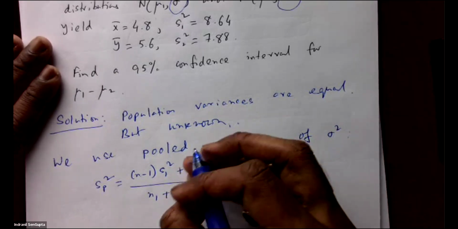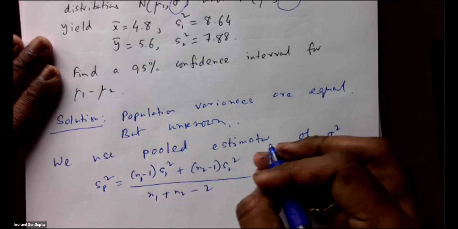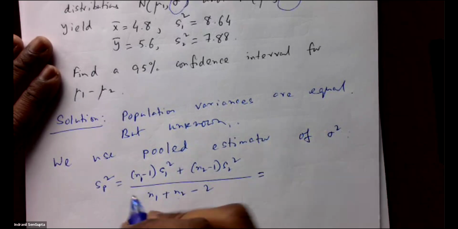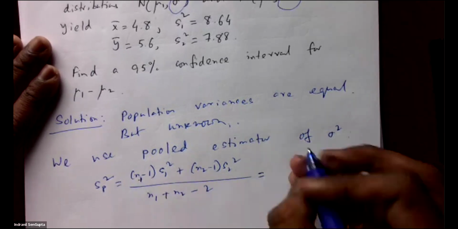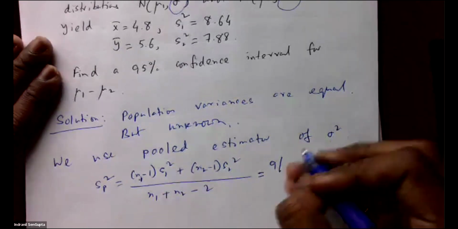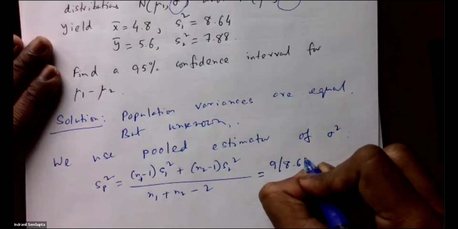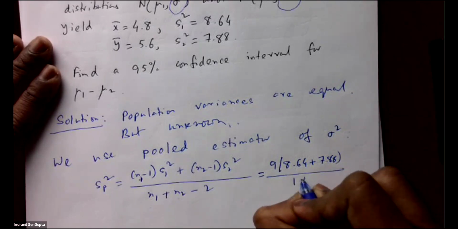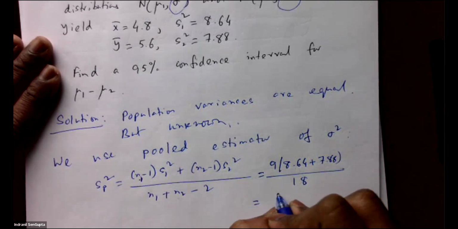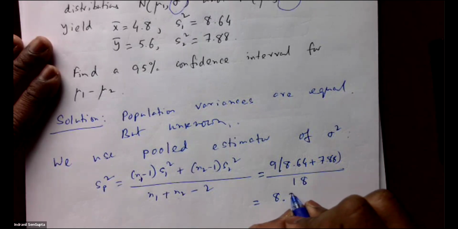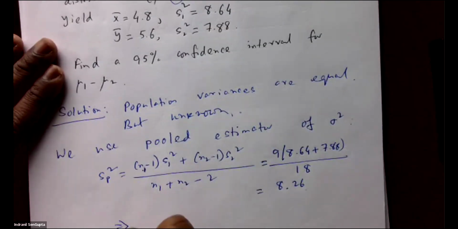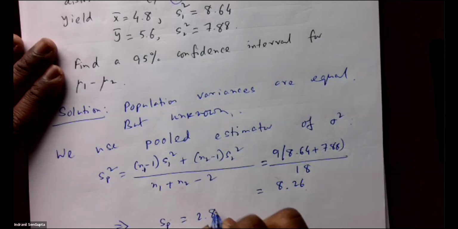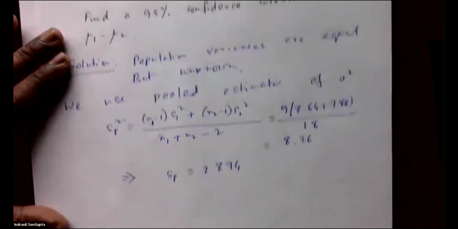This n minus 1 is 9. So it's 9 times s1 squared plus s2 squared, which is 8.64 plus 7.88, over 18, which is 8.26. So sp is the square root of this, which is 2.874.